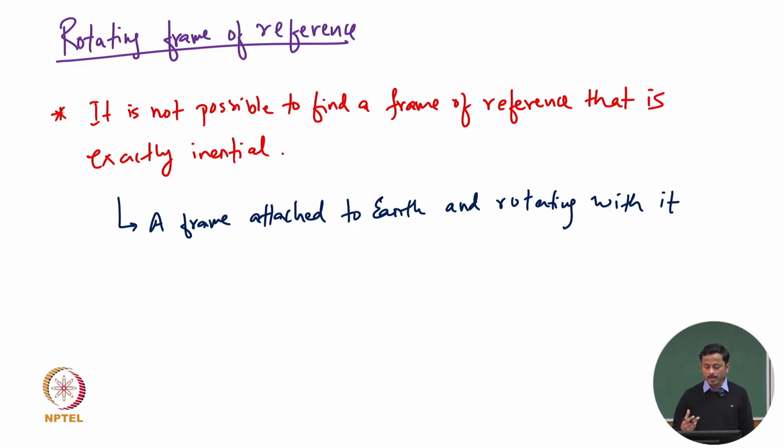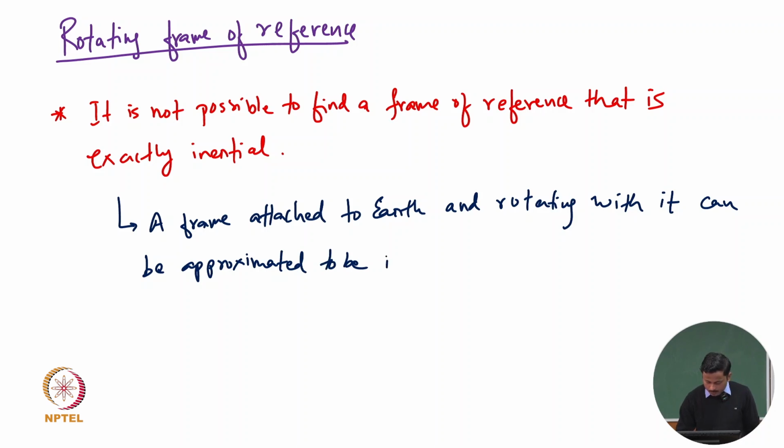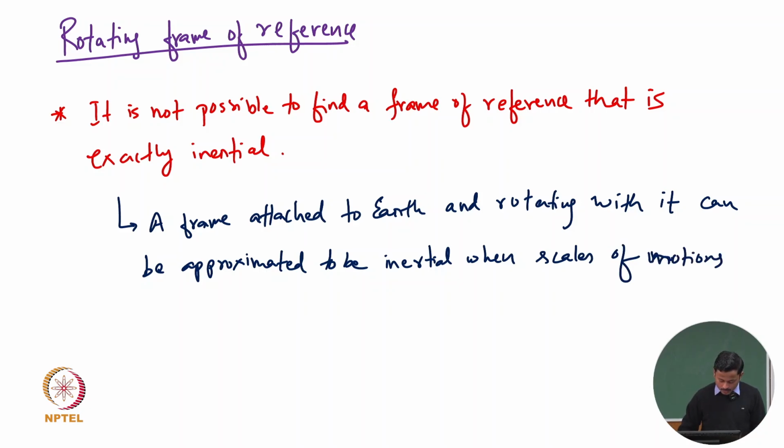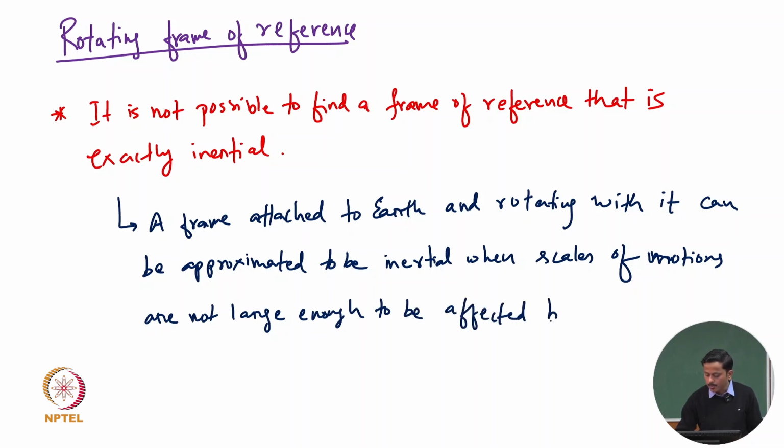So the frame attached to the Earth and rotating with it can be approximated to be inertial when scales of motion are not large enough to be affected by the rotation.